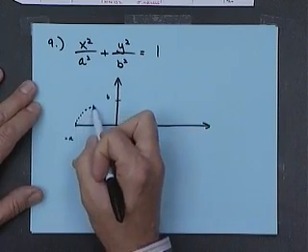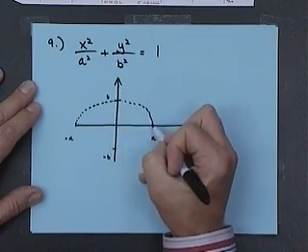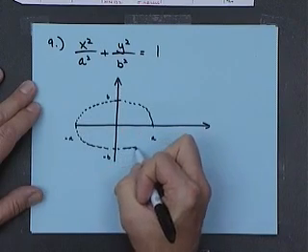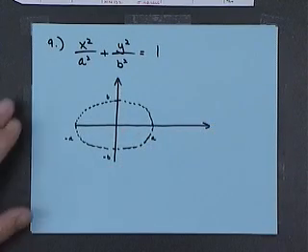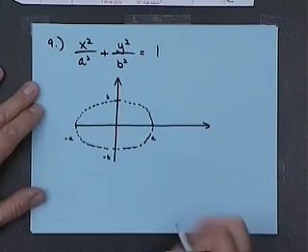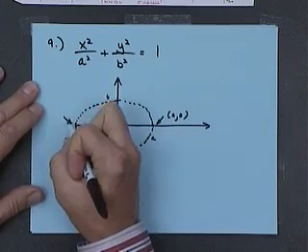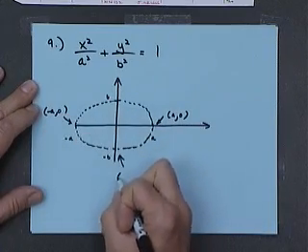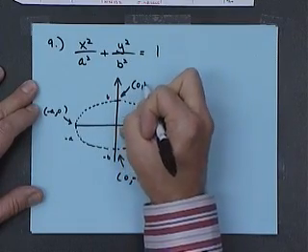The ellipse probably looks a little bit better than that actually, but we'll assume that that's our ellipse. So this is the point A, 0, negative A, 0, 0, negative B, and 0, B.